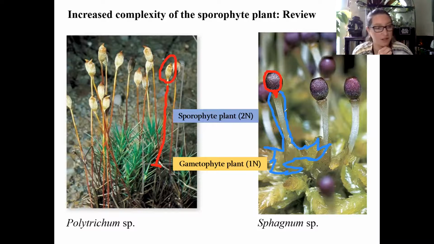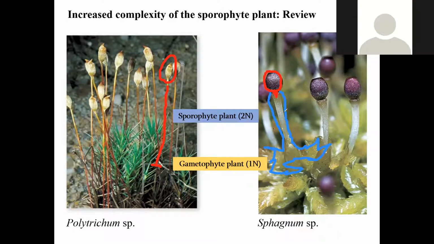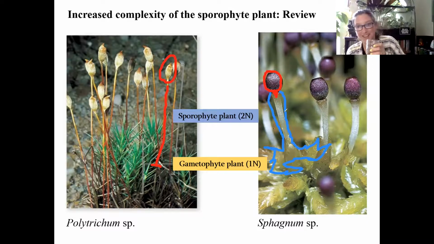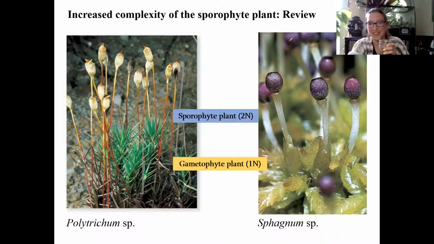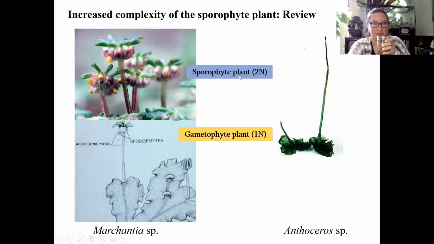I sang a Phil Collins song to remind you. Yes, pseudopodium. Thank you. Okay. So we're talking about increased complexity of the sporophyte plant. That's what we're talking about here.